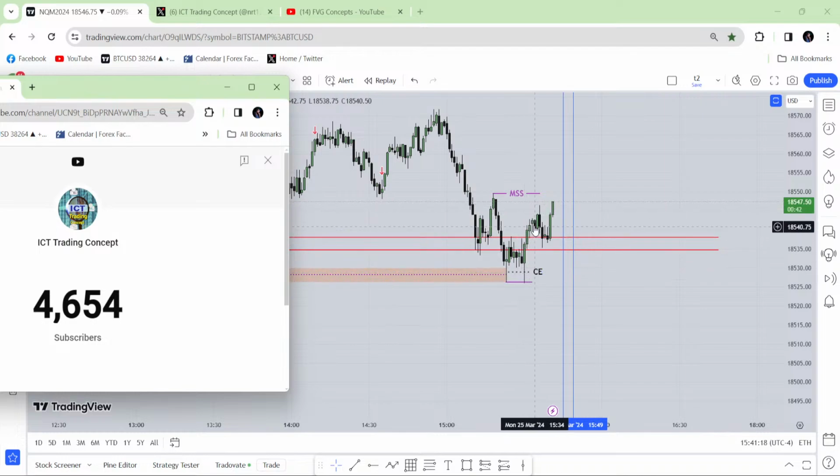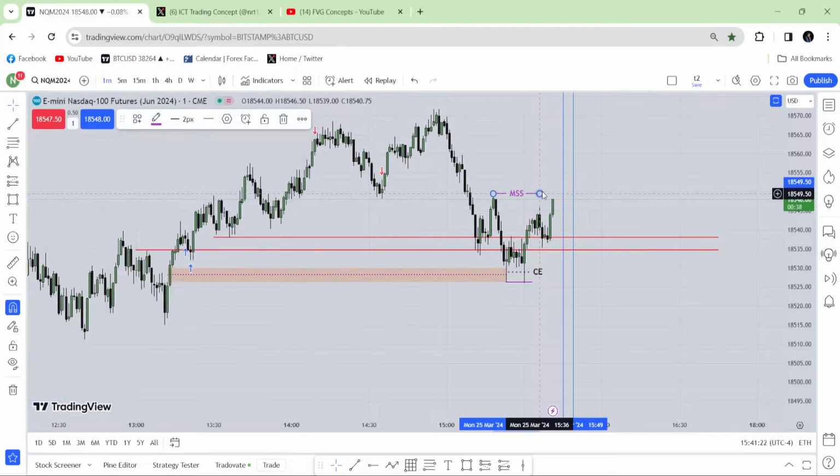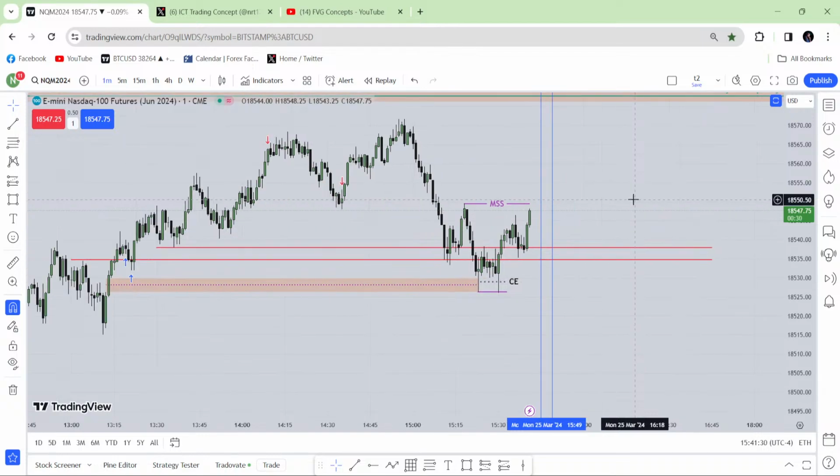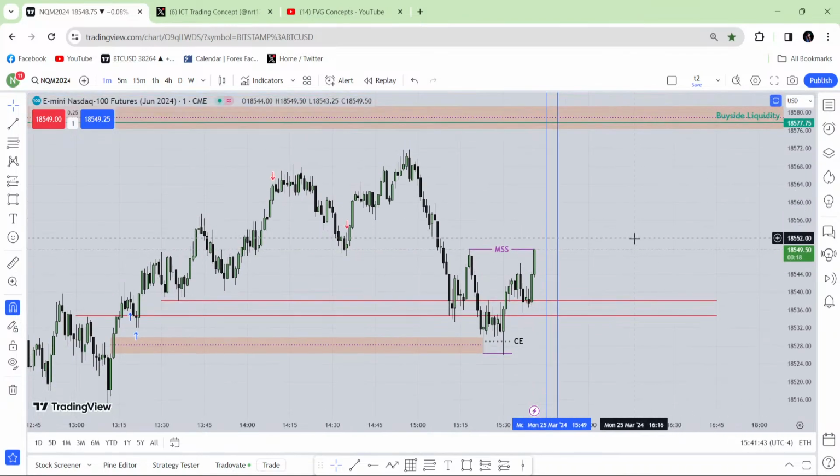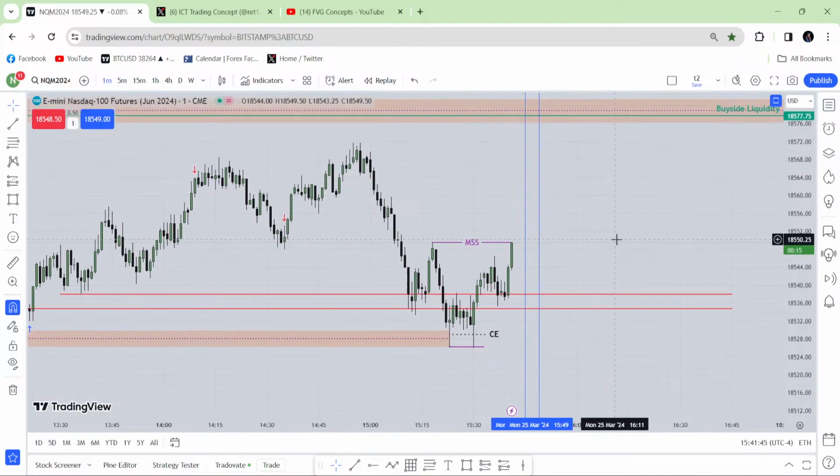No, it's not valid for shifting market structure. Until this high is broken, I'm not interested in taking any kind of buy over here. If it can go above that high, there is still a very small room. Even if it cleared that, then I have to wait for the market fair value gap, then the fair value gap entry. I will have maybe 3 to 4 minutes only left. So yeah, it's kind of a risky trade.